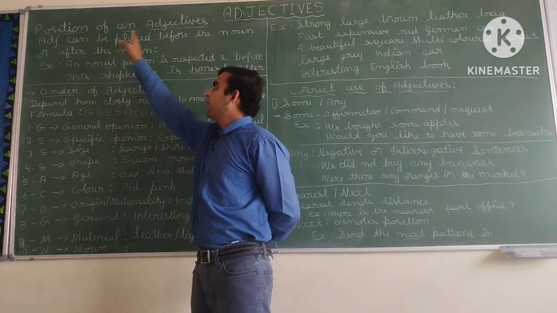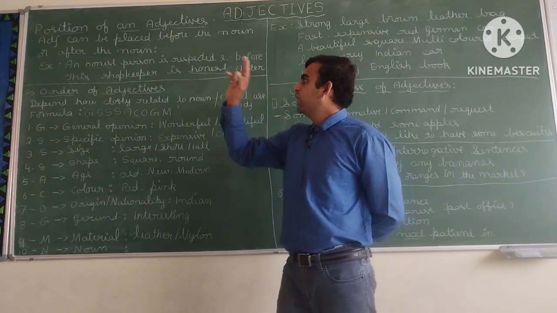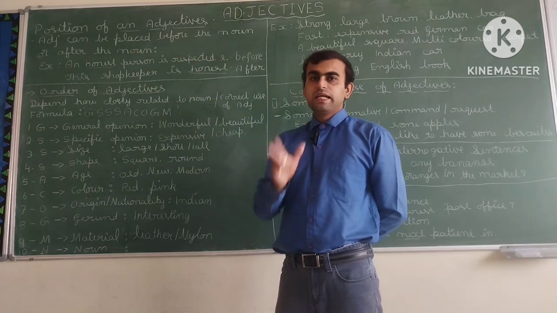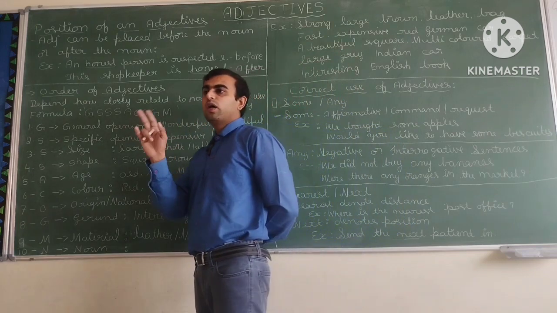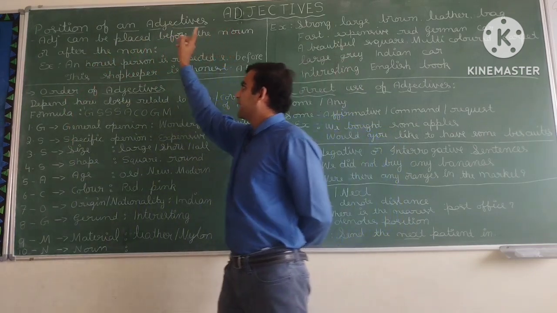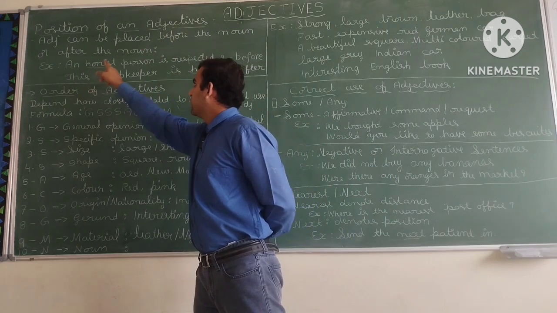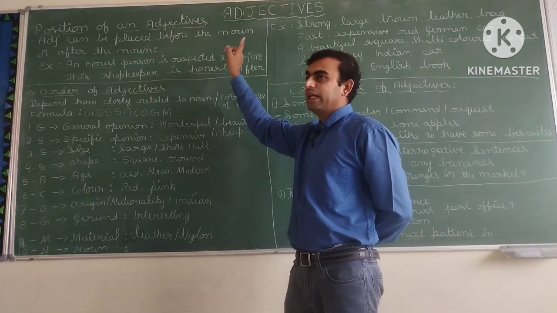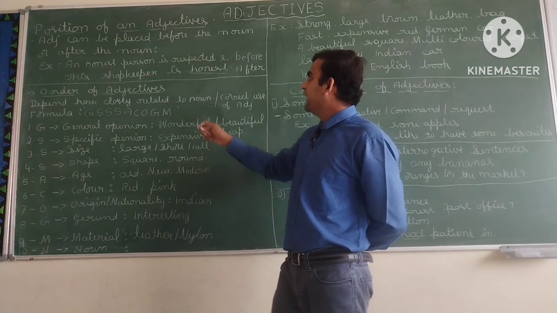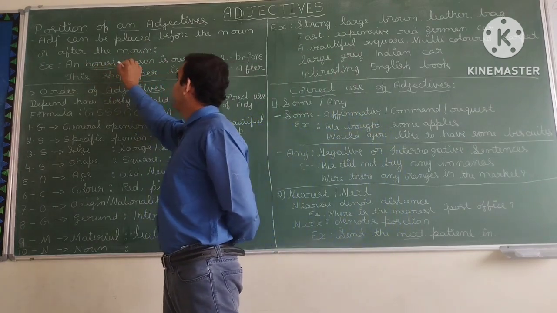Now let me ask, what is the position of an adjective? An adjective can be placed before the noun or after the noun. It is called the position of an adjective. Example: an honest person is respected everywhere. Here I placed the adjective before the noun.